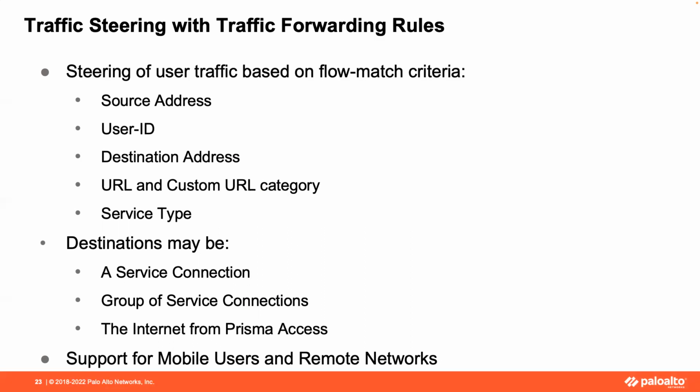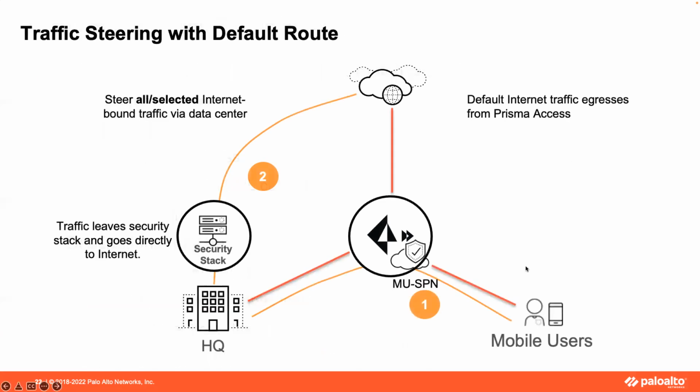And if I look at destinations, I can say, I need to go through a service connection, a group of service connections, or straight to the internet. And let's talk about that for a second. Let me go backwards here.